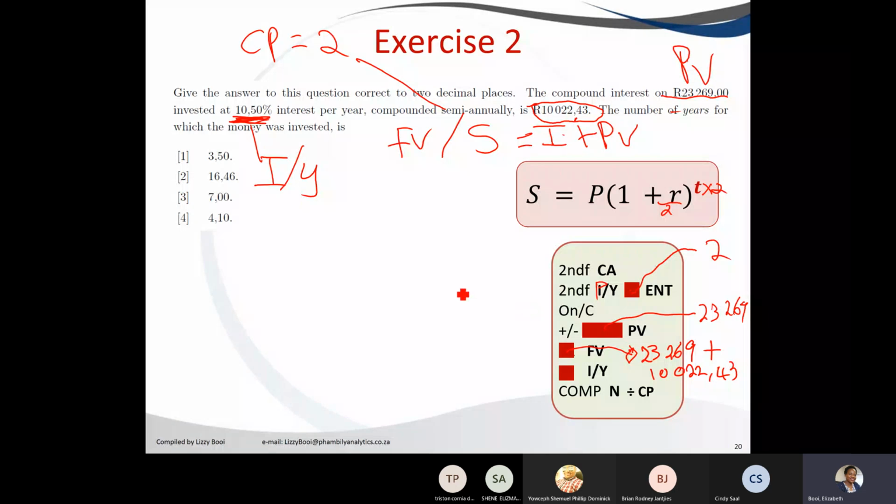The answer you get, you're going to replace the future value there. Your I/Y is 10.5, and then you compute N and divide by 2.